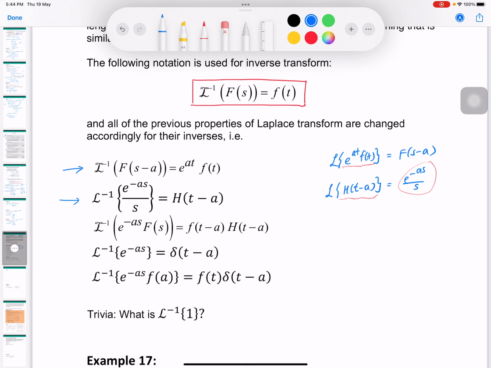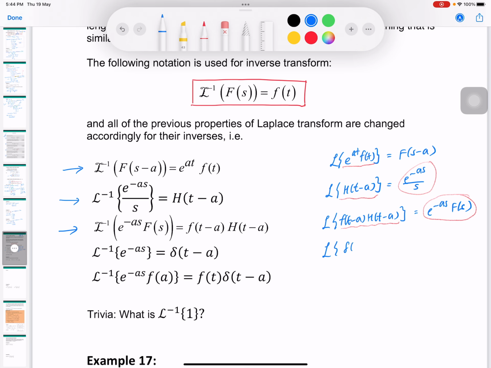Okay, the third one, Laplace of f(t minus a) H(t minus a). This is the second shifting property, gives you e to the negative as F(s). So if you take the inverse of e to the negative as F(s), gives you f(t minus a) H(t minus a).